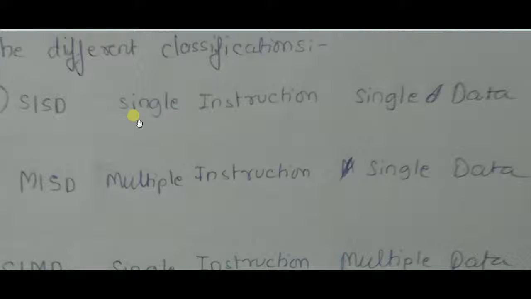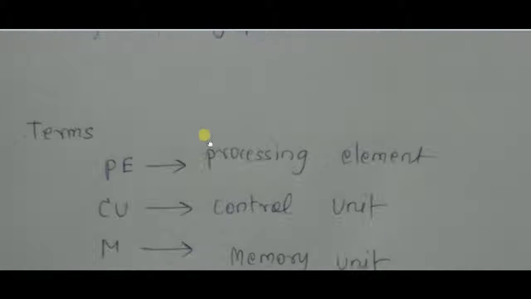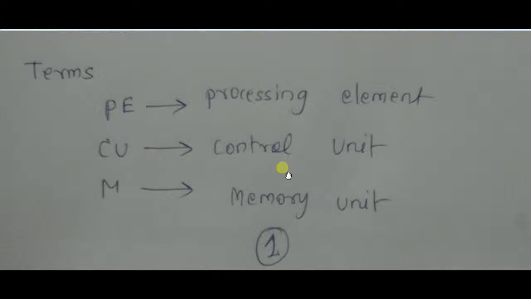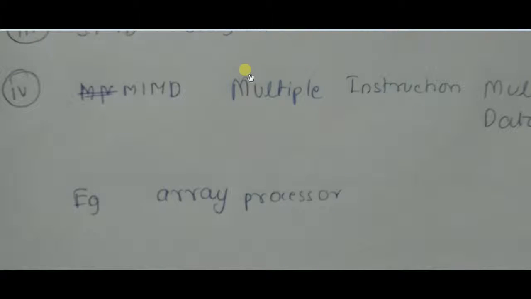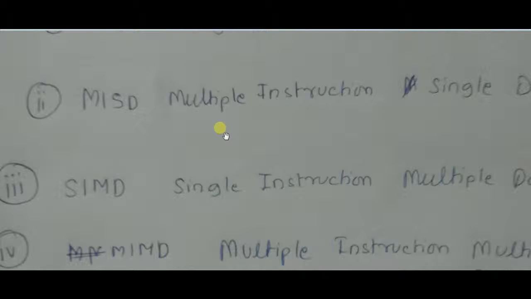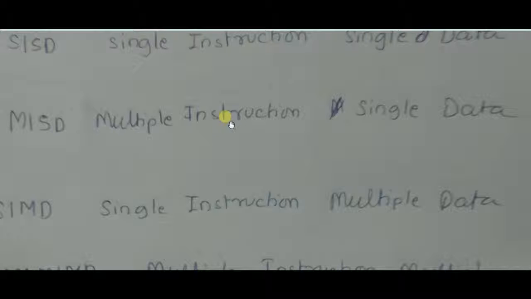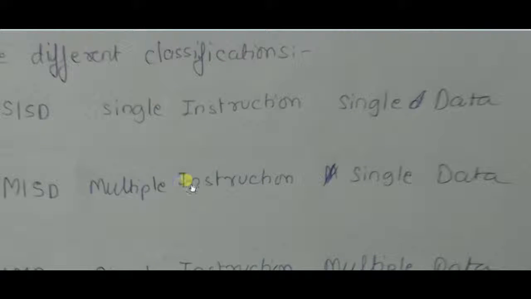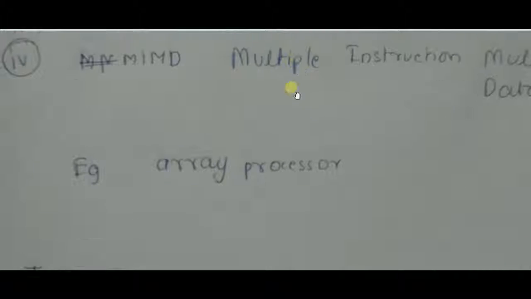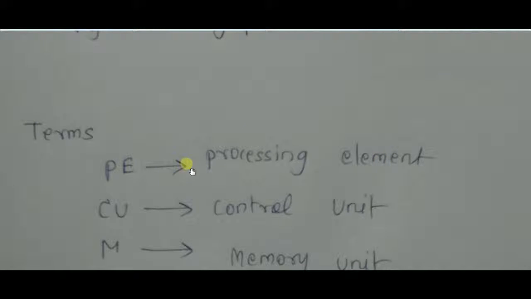Who sends an instruction? The CU, the control unit, sends the instruction. Who processes the data? The processing unit or processing element processes the data.